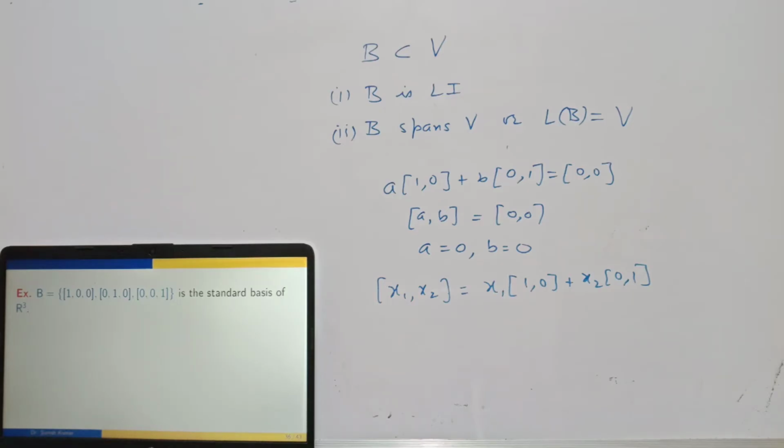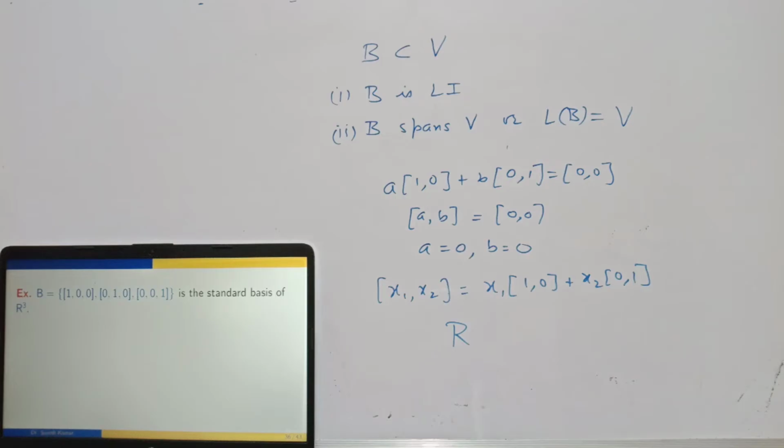Next, B equal to {(1, 0, 0), (0, 1, 0), (0, 0, 1)} is the standard basis of R3. Same way you can do this example. It is for R3. R is also a vector space. What is standard basis for it?